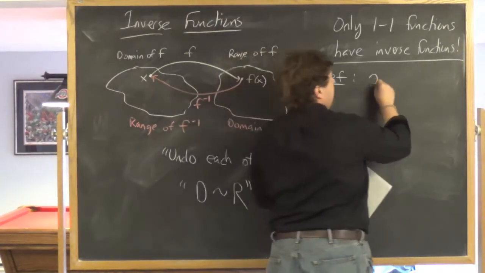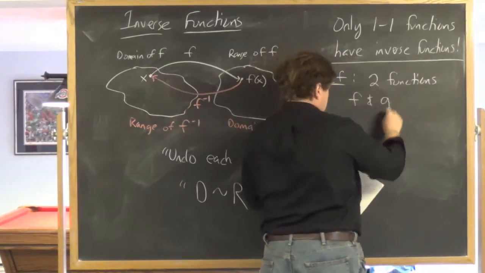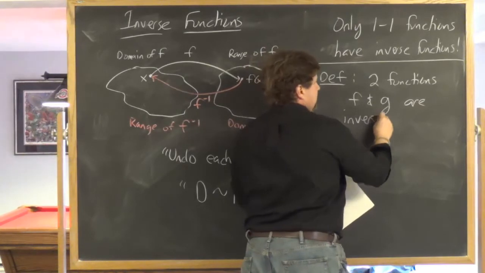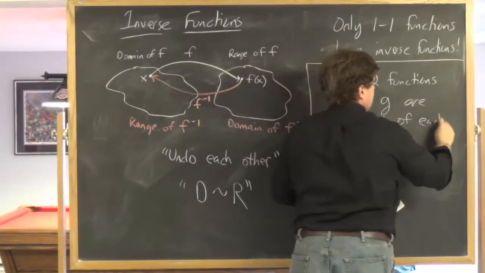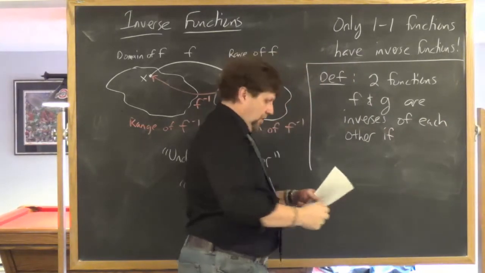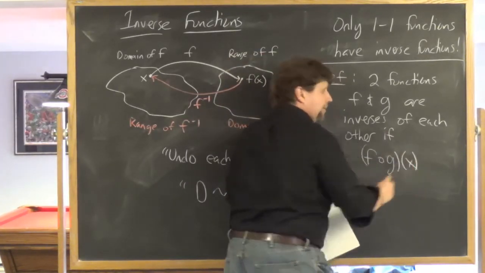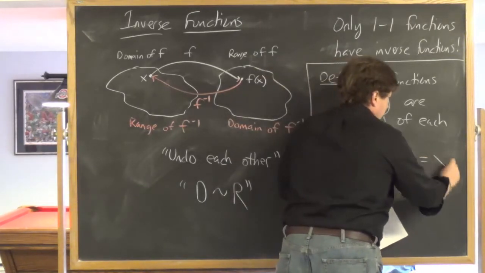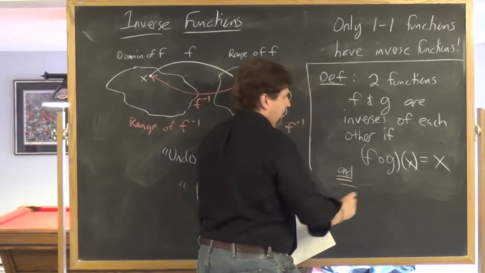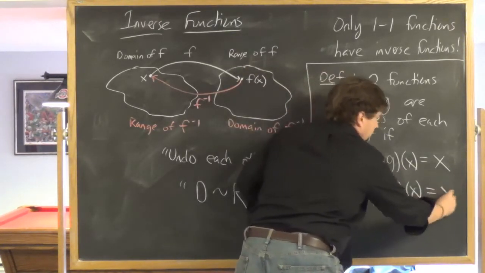In general, two functions, let me call them f and g, are said to be inverses of each other if when you do f composed with g of x, remember FOG, you get x, and when you do g composed with f of x, you also get x.